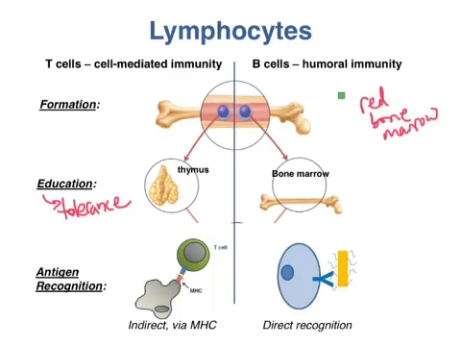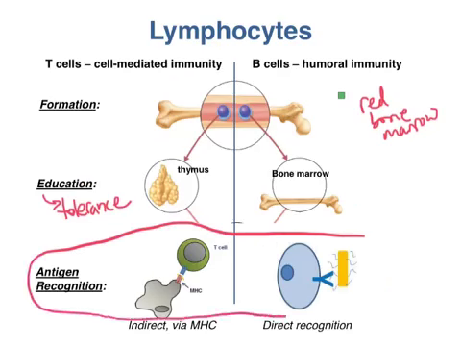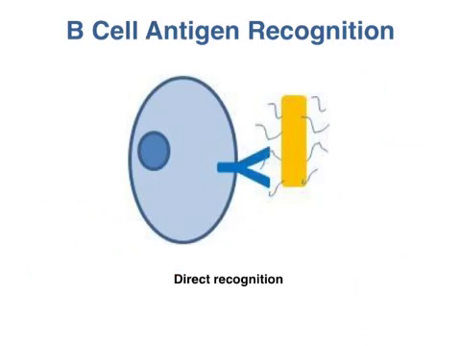Okay, now let's get back to comparing antigen recognition in both T cells and B cells. So this is talking about how B cells and T cells recognize complete antigens. We'll tackle B cells first because B cells are pretty easy to explain. The B cell receptor is basically a membrane-bound antibody.